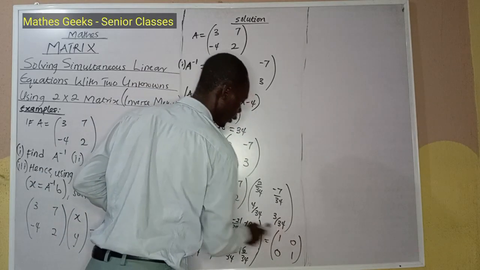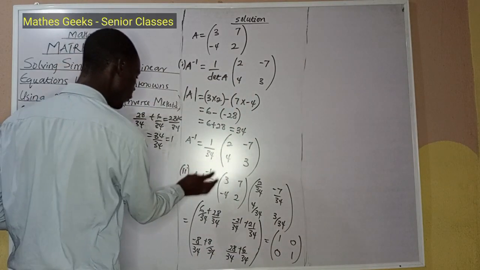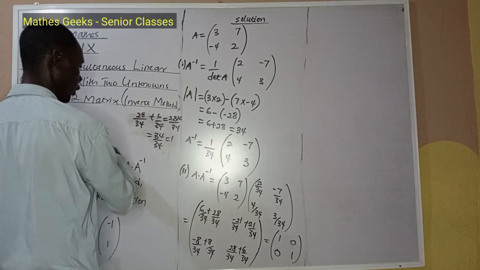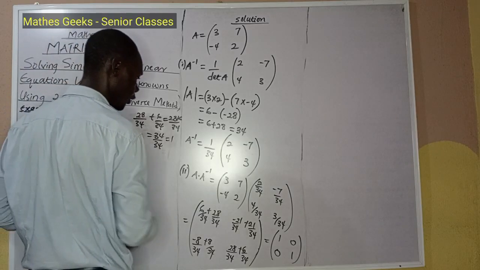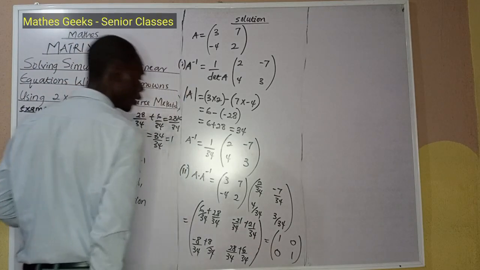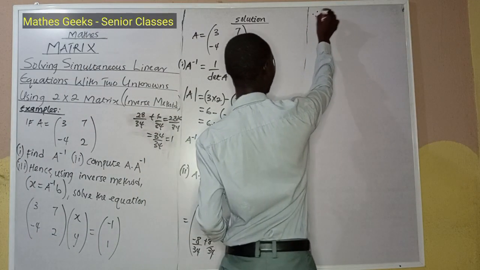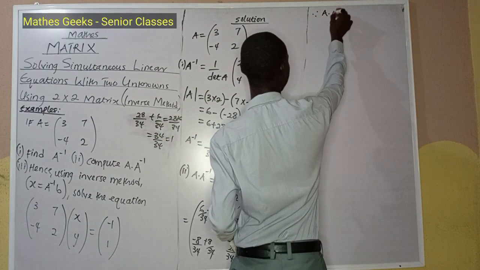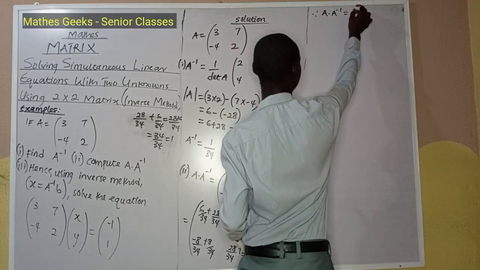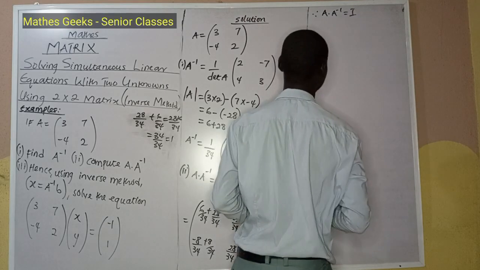So you see that when a given matrix is multiplied by its inverse, the result is the identity matrix. Therefore A dot A inverse equals the identity matrix.